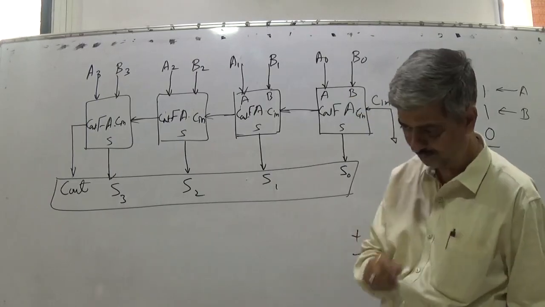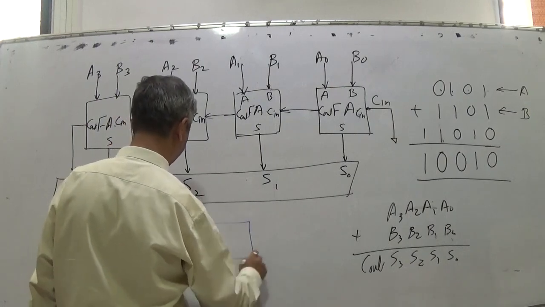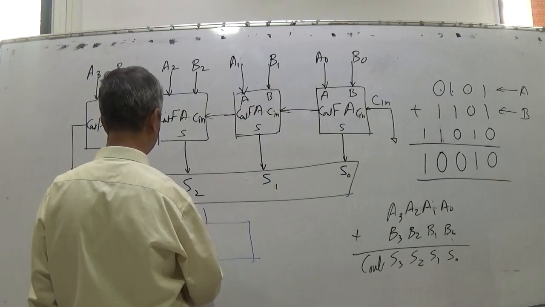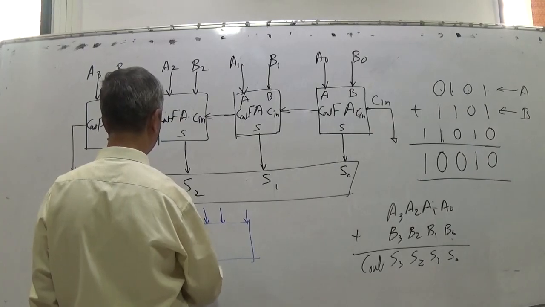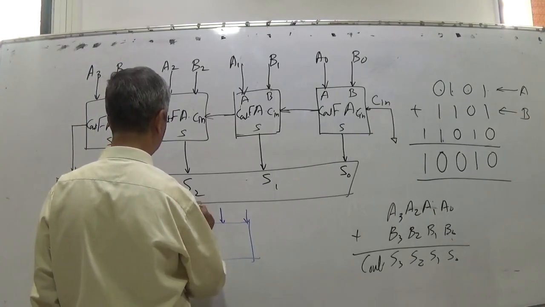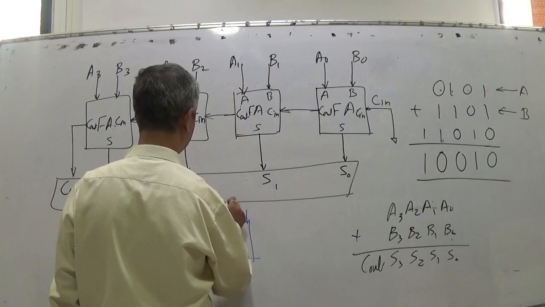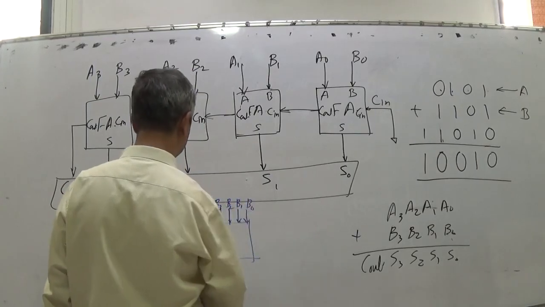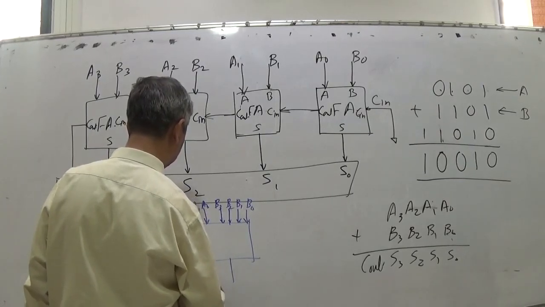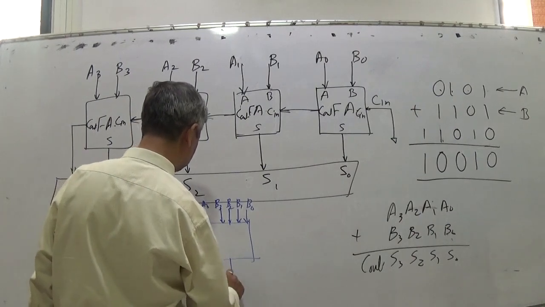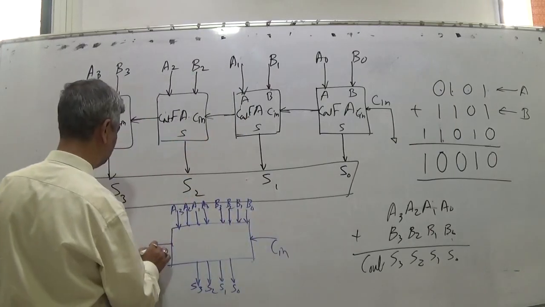So in general, a 4-bit binary adder will have 4 inputs, 4 other inputs, A3, A2, A1, A0, then B3, B2, B1, B0, then outputs as S3, S2, S1 and S0, carry in as input and carry out as the overall output.